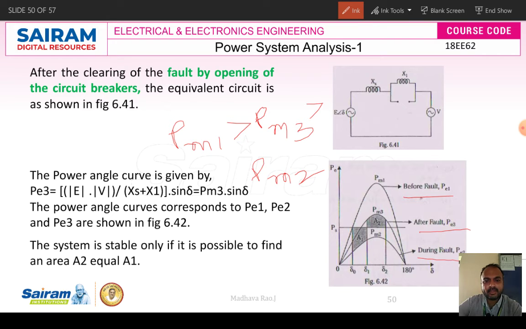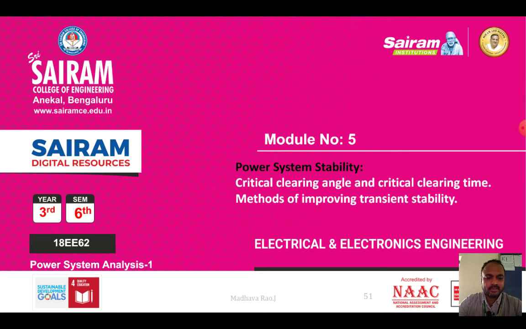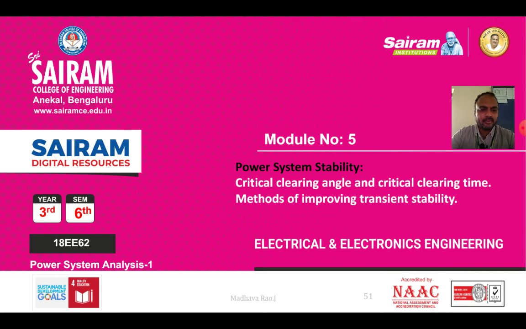PM1 is greater than PM3, which is greater than PM2. These are the powers. In the next video you will learn about critical clearing angle, critical clearing time, and methods of improving transient stability.